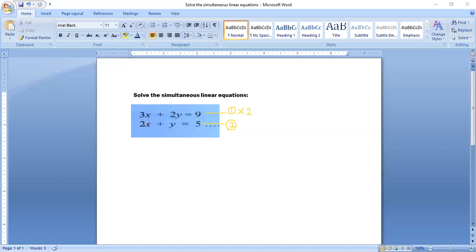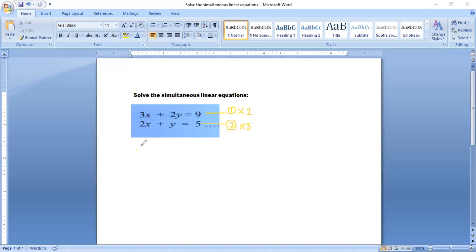So I'm using 2 from equation 2, and I'm going to times equation 1 by it, and then I'm going to use 3 from equation 1, and I'm going to multiply equation 2 by it. Because if they're not the same amount, guys, we can't eliminate. So that's the first thing we want to do. So we're multiplying all the terms in equation 1 by 2. So let's go.